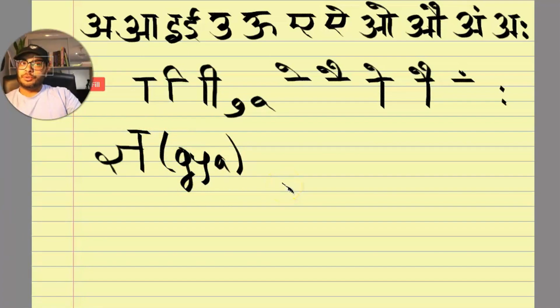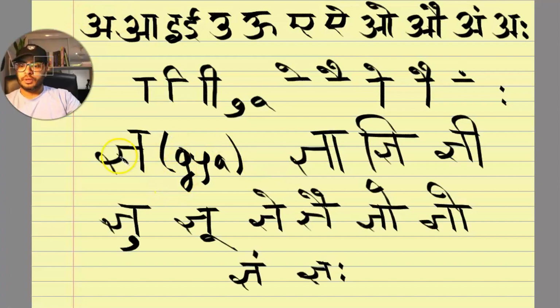Again, no sound similar to this one in English, but a word that uses this sound would be something like gyani. Gyani means knowledgeable. Barakhari for this sound would be gya, gya, gi, gi, gu, gu, gye, gyai, gyo, gyau, gyam, gyah.